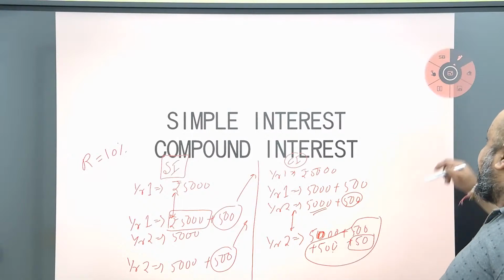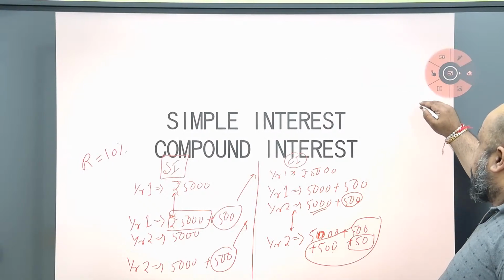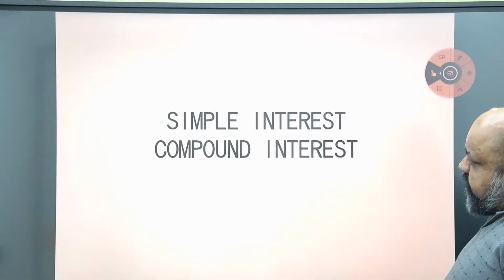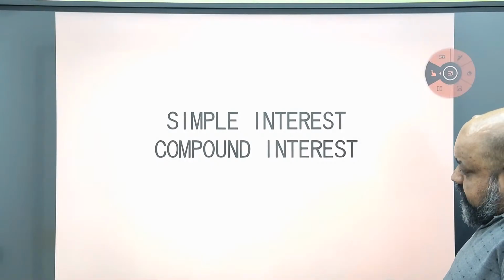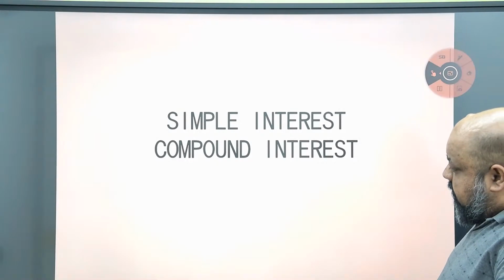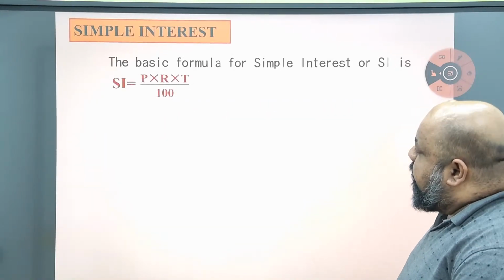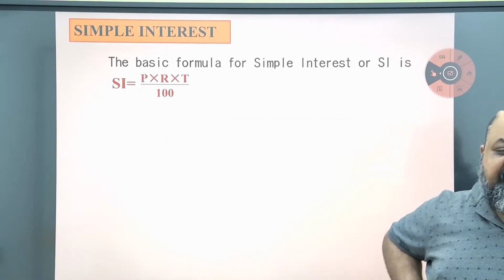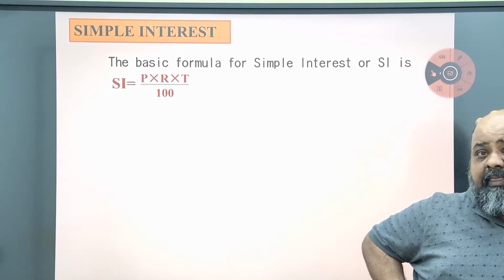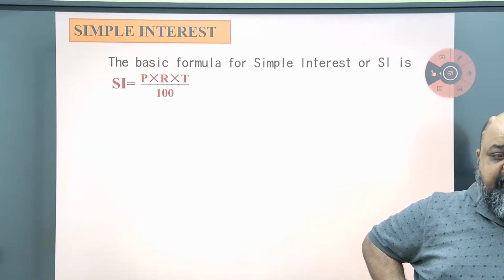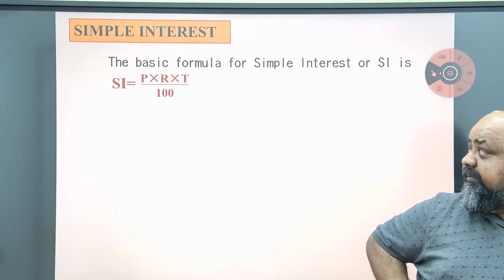If I try to write the formulas for these two cases, the basic formula for simple interest is P into R into T upon 100, where P is the principal, R is the rate, T is the time.